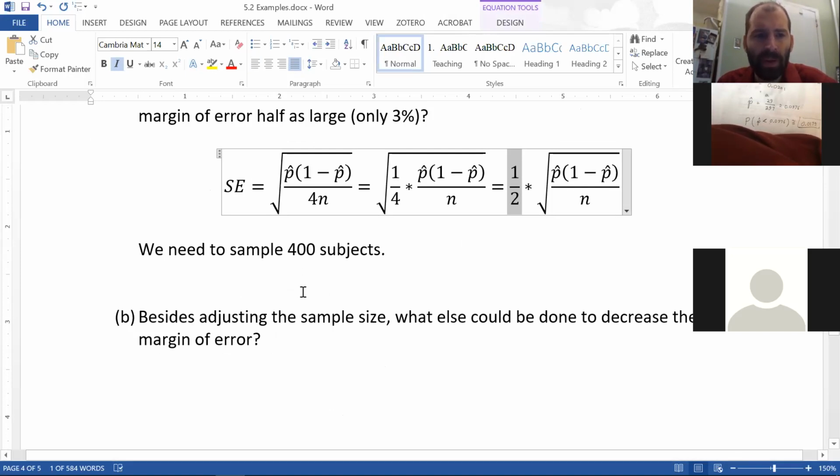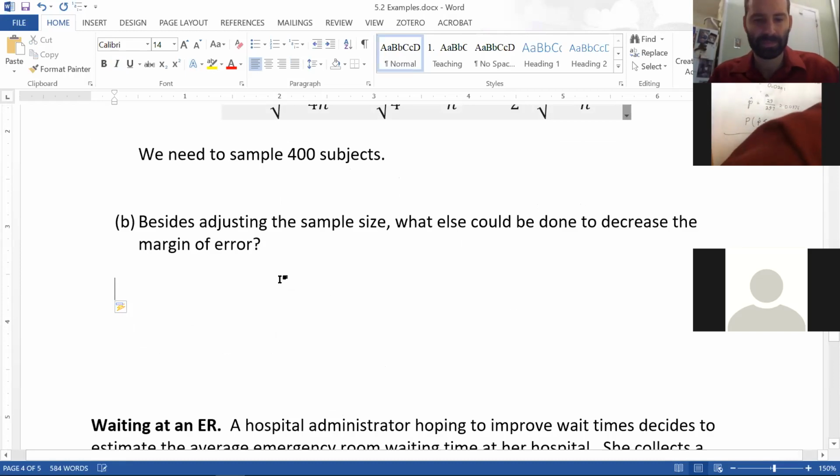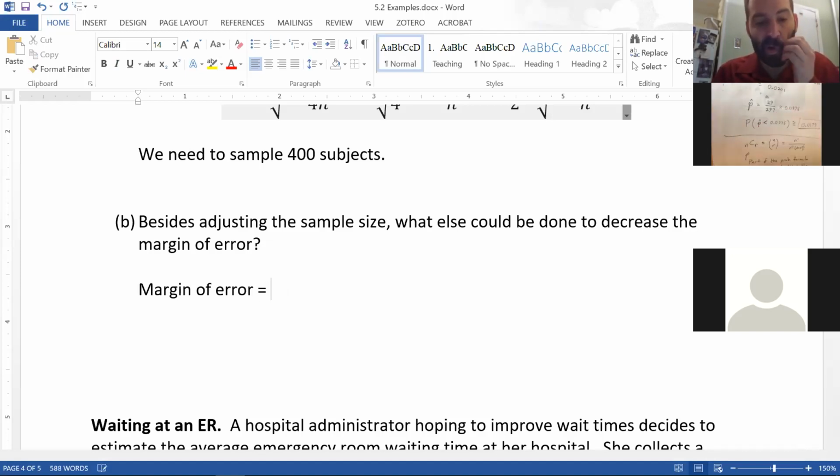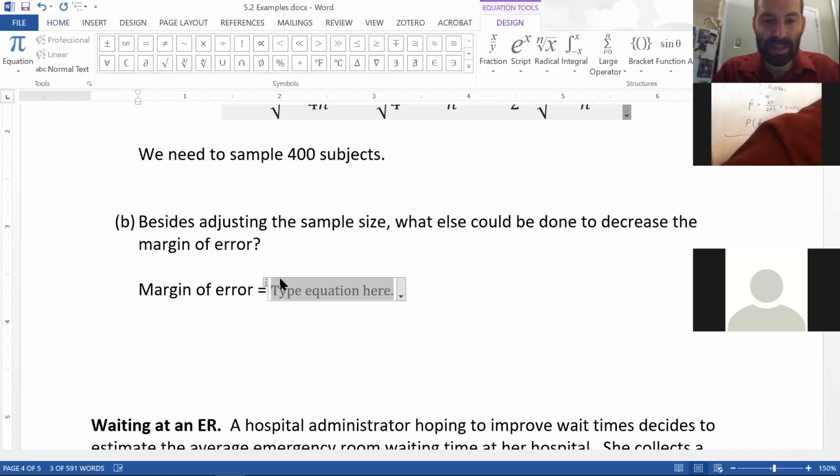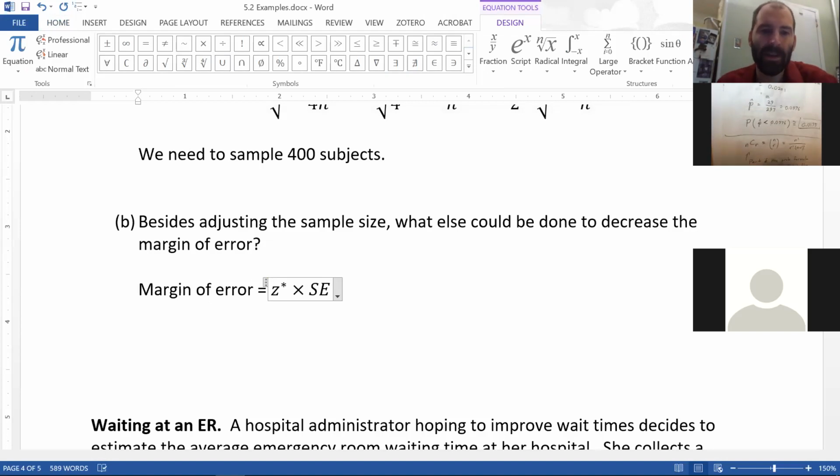Well, remember, the margin of error is Z star times the standard error, right? So I can also cut the margin of error in half by adjusting Z star.